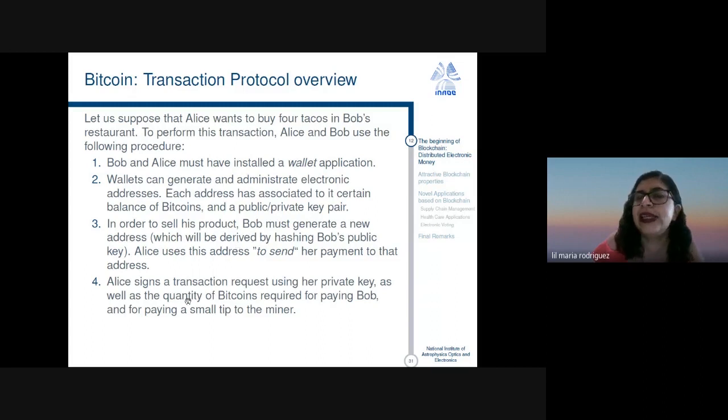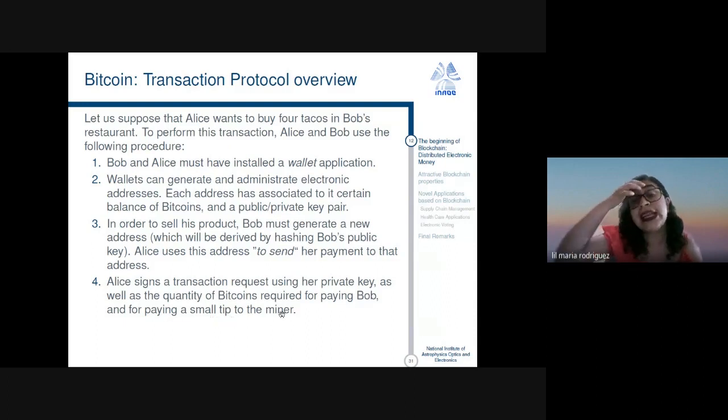Alice needs to sign a transaction request using her private key, as well as the quantity of Bitcoins required to pay Bob, and for paying a small tip to the miner.